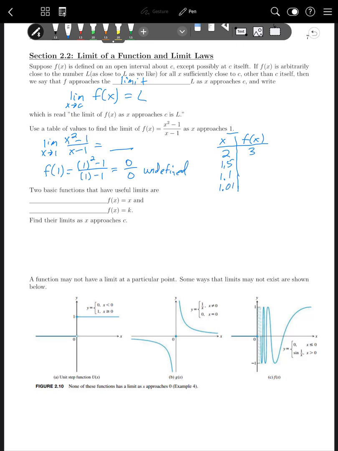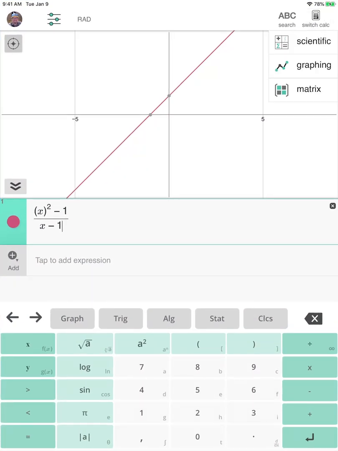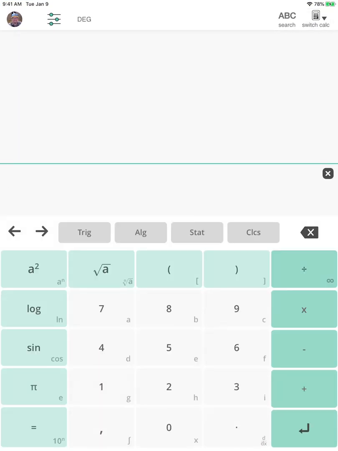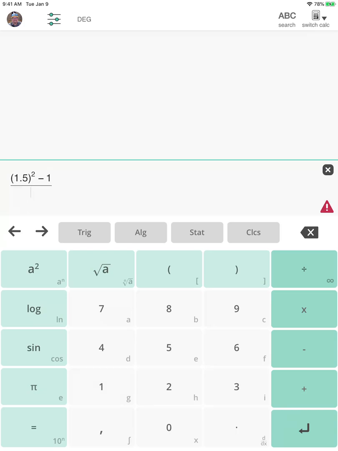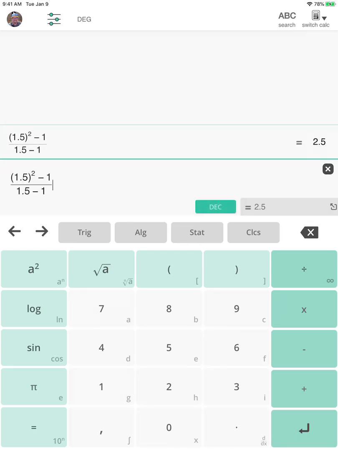Let's plug those in using our graphing calculator. For the first one, we get 1.5 squared minus 1 over 1.5 minus 1, so that's 2.5. Then if I double click on what I just typed in, I can get it to pop down here again, and I can change this to 1.1.